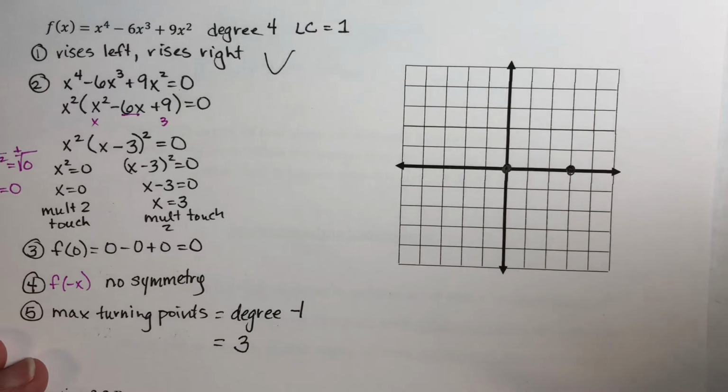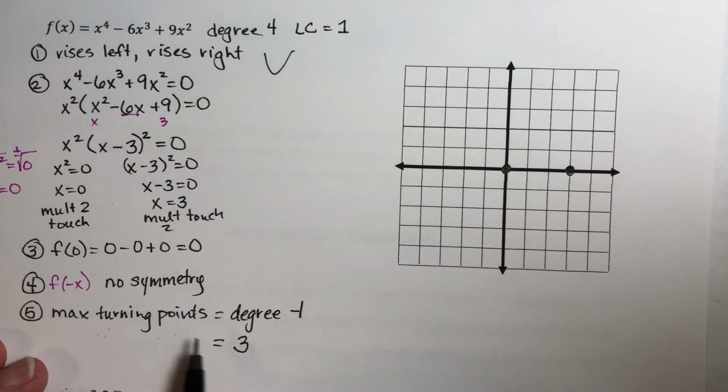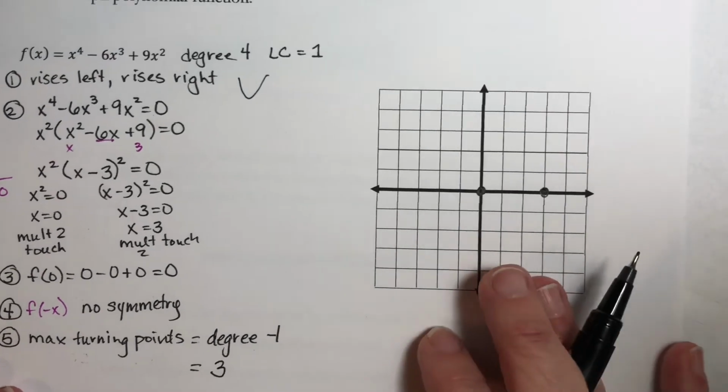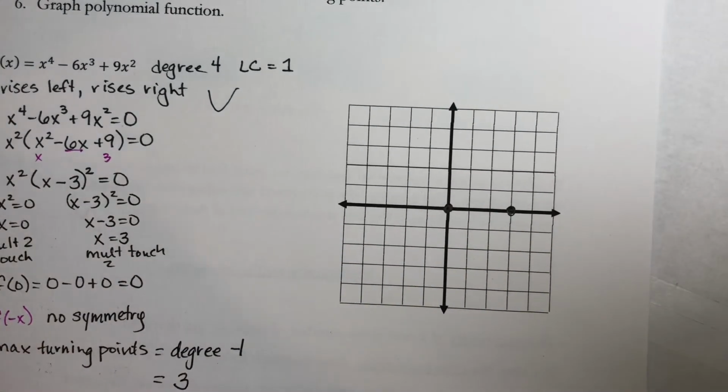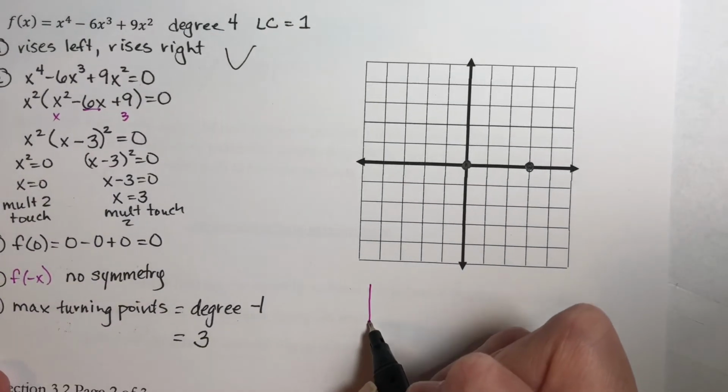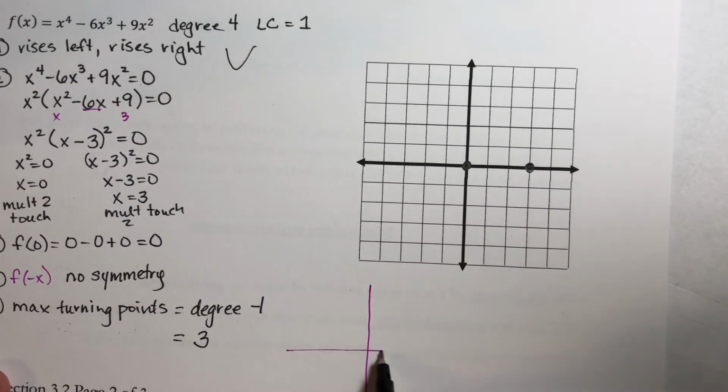I know I don't have any symmetry, and I know that I have a maximum number of turning points as 3. Now, just a simple sketch of what I kind of expect to have.